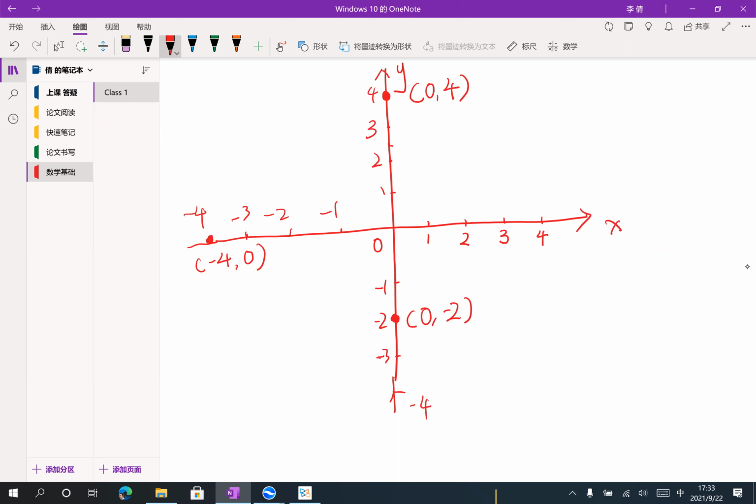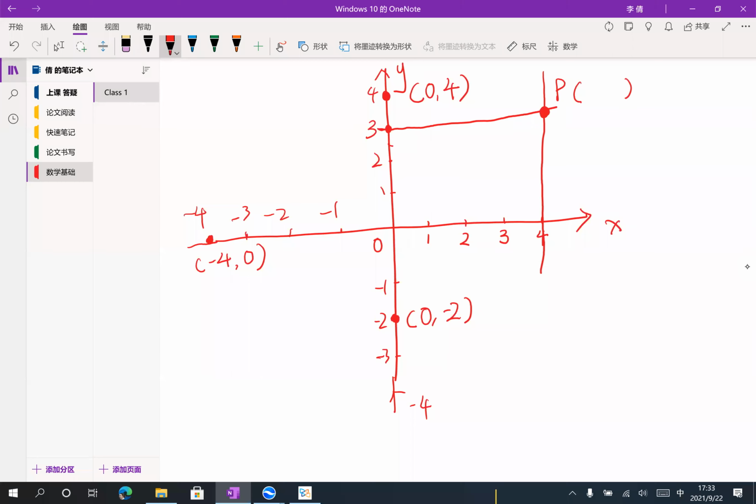Okay, next, if we draw a horizontal line from this point, and then draw a vertical line from this, and the 3, 4 intersection, if we say this intersection is P, what is the ordered pair of this P?